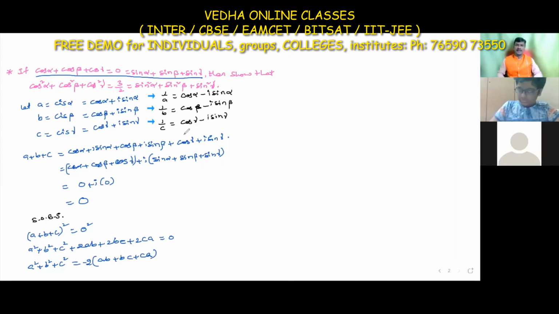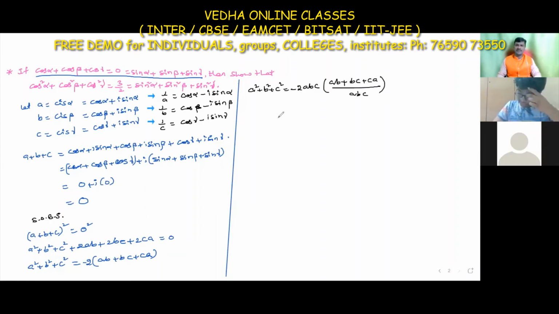Now, in this, A square plus B square plus C square equals minus 2, multiplying and dividing by ABC: multiply by ABC outside and divide by ABC inside.